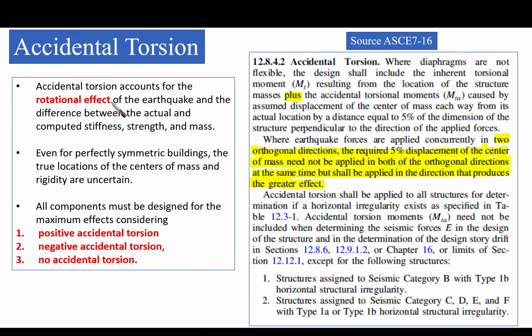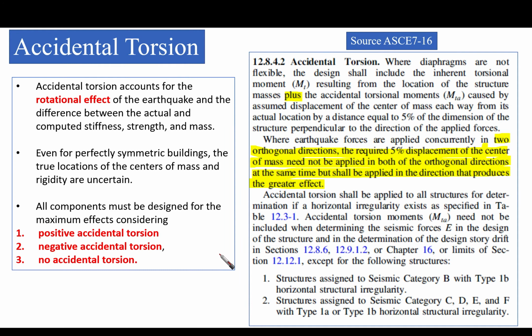Okay, let's go now to the next point, which is the accidental torsion. In the accidental torsion, what we want to highlight here is that when there is a rigid diaphragm and when there is inherent torsion, we need to check for the structure.